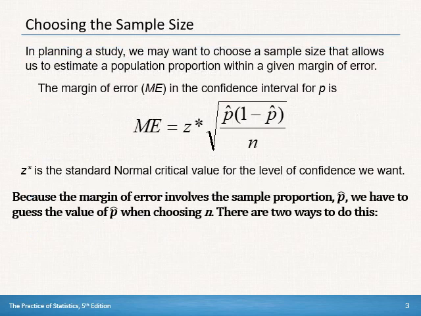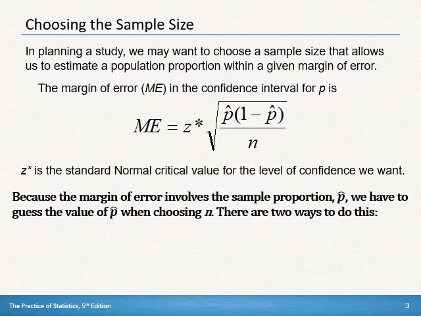All right, so in planning a study, we would like our margin of error to be a certain amount. For example, with election polls, when we try to say what proportion of the electorate is going to vote for a particular candidate, at the end they say 50% of the possible voters in our poll are going to vote for the candidate, with a margin of error of plus or minus 3%.